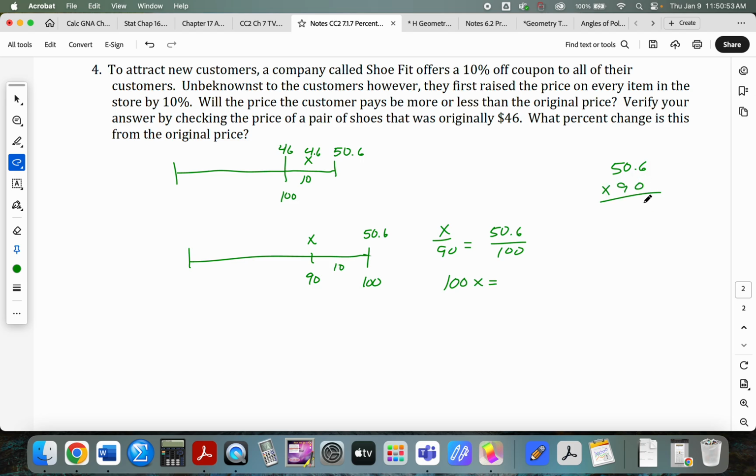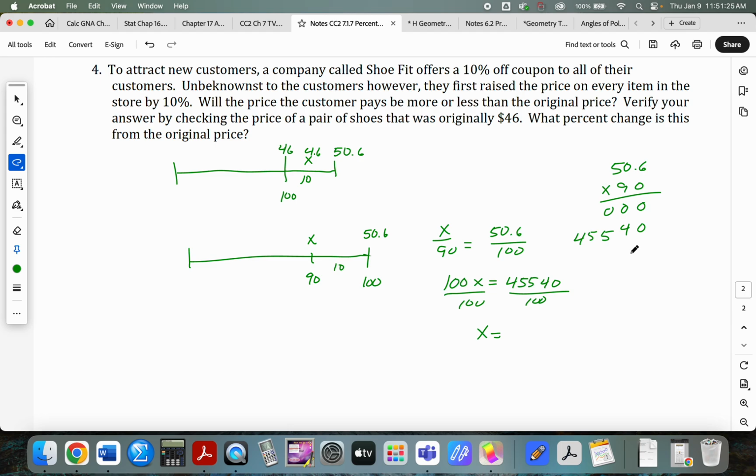Somebody have this already? Okay. So this is 45540 divided by 100. I've done something badly wrong, haven't I?